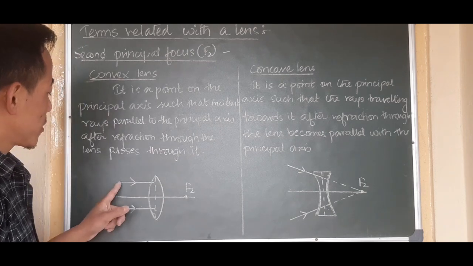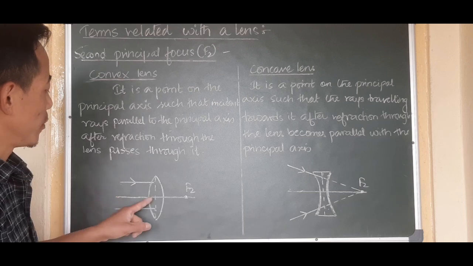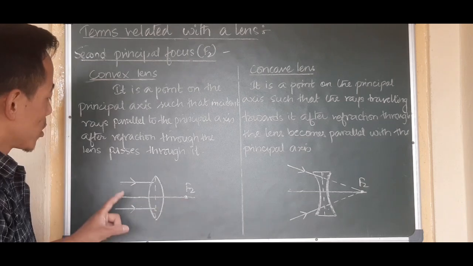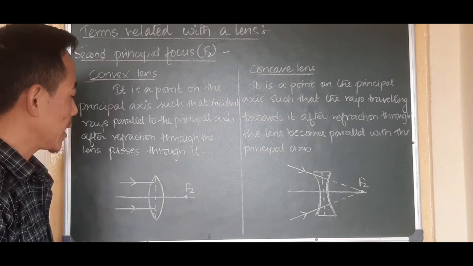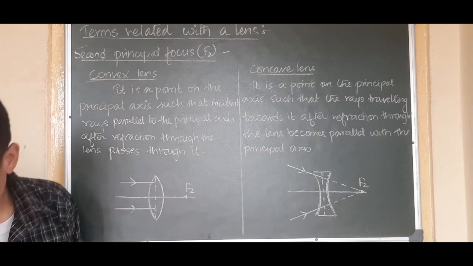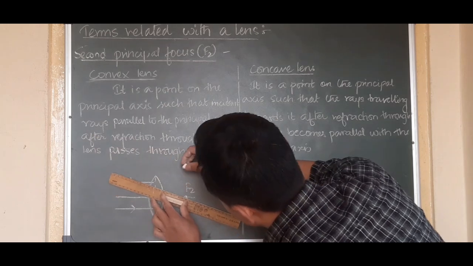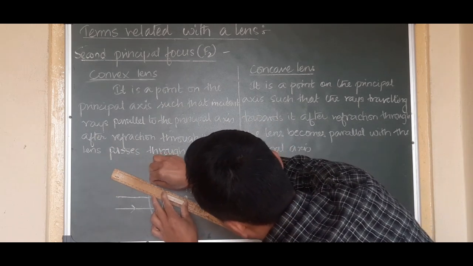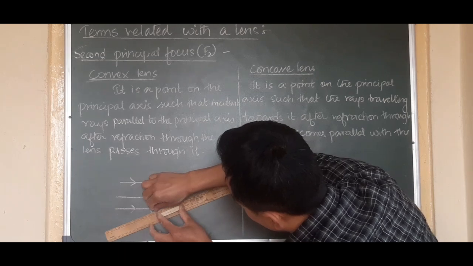As you can see in this diagram, we have a convex lens and we have incident rays which are parallel with the principal axis. As these rays pass through the lens, refraction will take place and the refracted rays will actually meet at the point F2. If you draw these refracted rays, they will meet or intersect at the point F2.